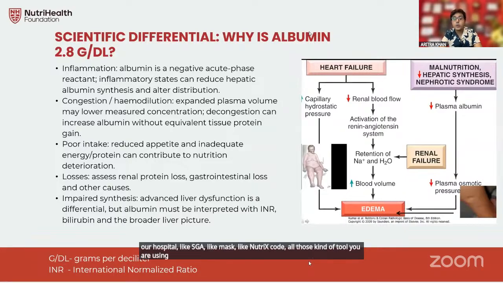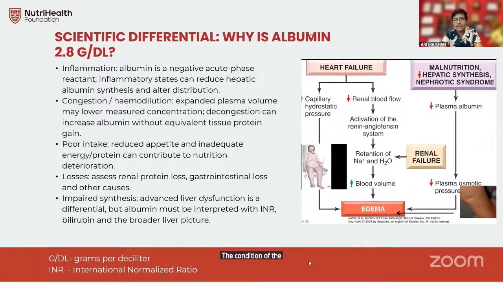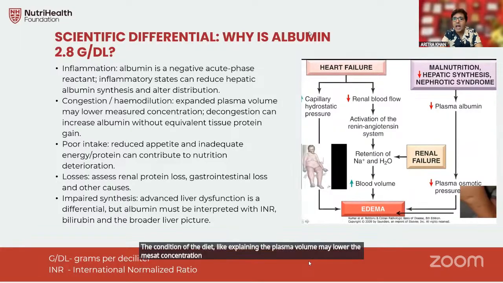And such a patient requires an integrated medical nutrition therapy, where we can see the congestion. Expanding the plasma volume may lower the measured concentration. Congestion can lower the albumin without equivalent tissue protein loss.